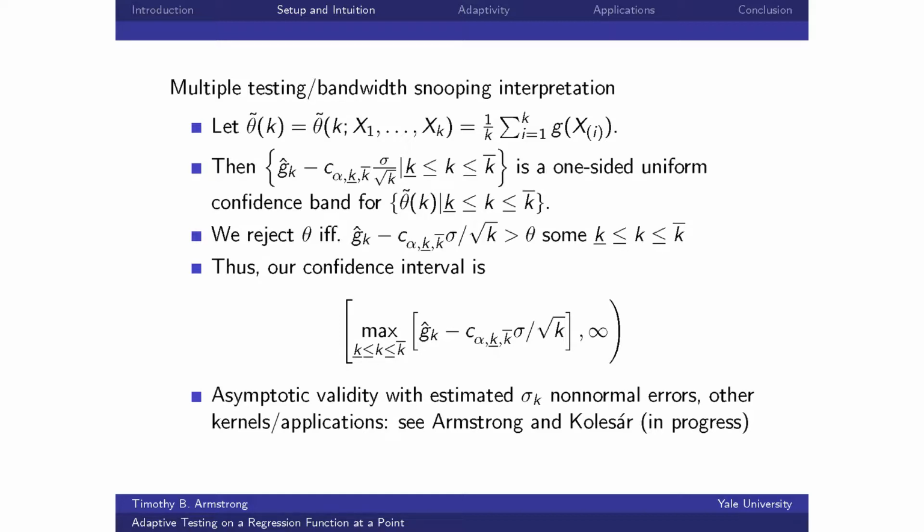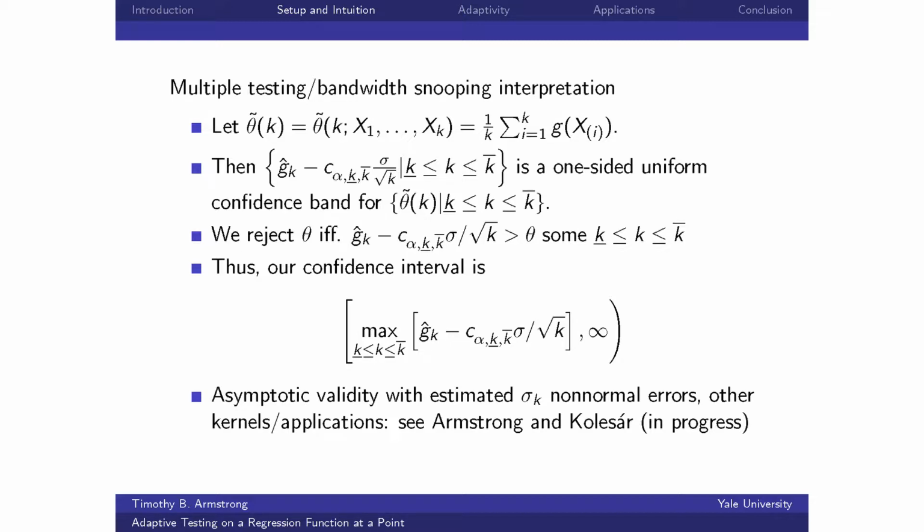So let's condition on all the x's and think about what we're unbiased for when we have the k nearest neighbor kernel. It's just estimating the sample mean of all of the conditional means evaluated at those first ordered points of the x's. So what we're doing here is constructing a one-sided uniform confidence band for all of these pseudo parameters.